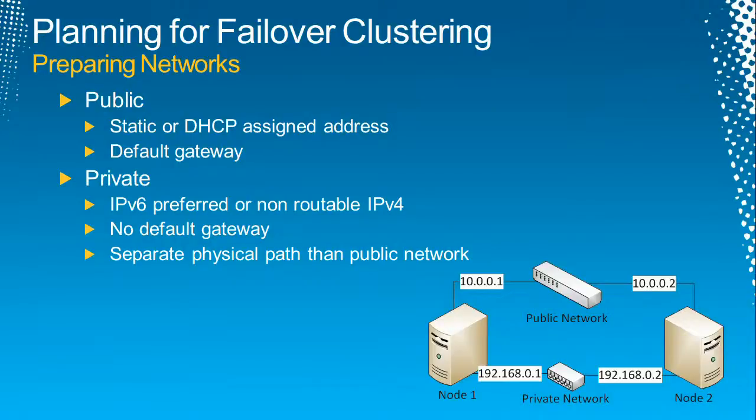If we don't see a default gateway, we assume that's an internal network and we use that appropriately. In 2003, you had to go through this yourself and kind of decide, assuming you understood what cluster network roles were, and do this yourself. And if you did it wrong, you could potentially impact what the cluster would do during a recovery scenario. In 2008, it does it all for you. You don't have to decide what the network's roles are going to be.